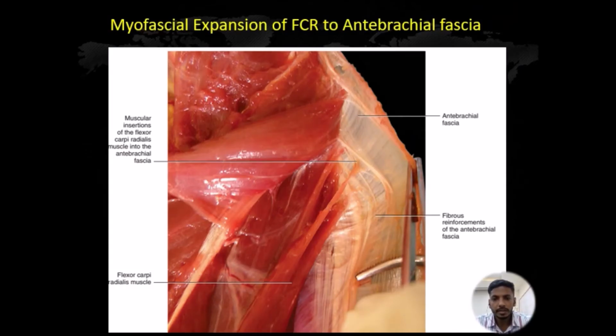There are a lot of muscle fibers of the flexor carpi radialis that have attachment to the antebrachial fascia. See the muscular insertion of the flexor carpi radialis into the antebrachial fascia.